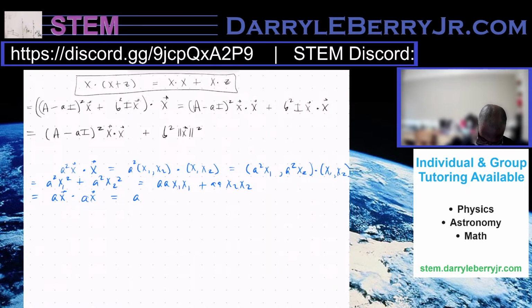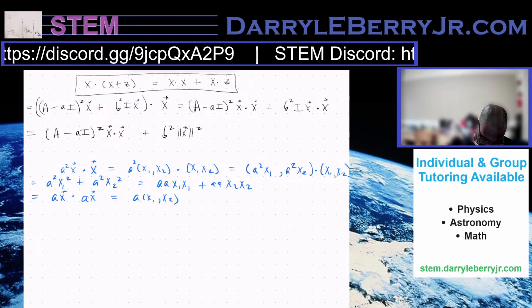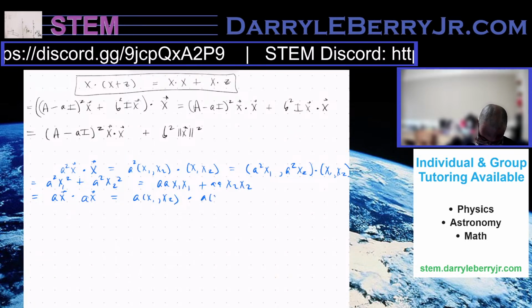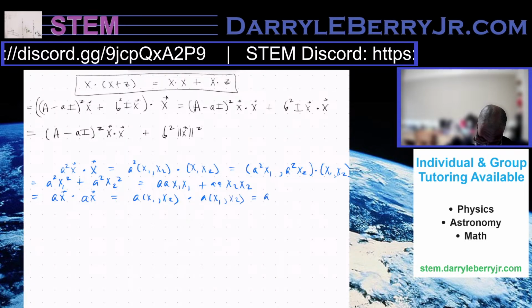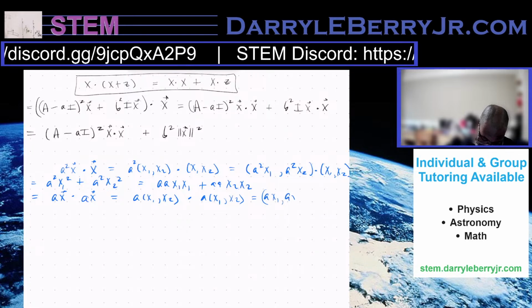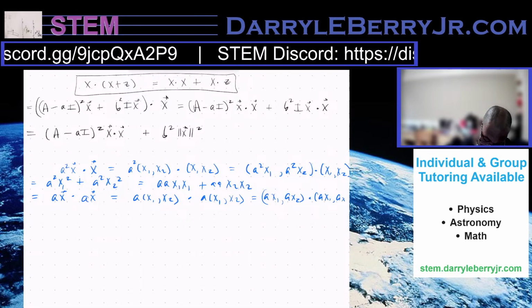The limit will be again a x1 x2 dot a x1 x2. So that equals ax1, ax2 dot ax1, ax2.